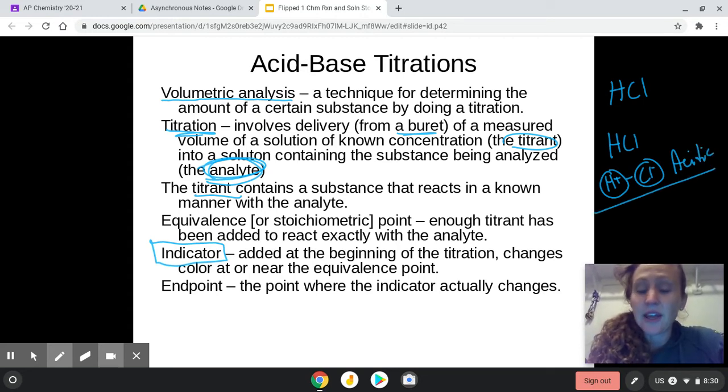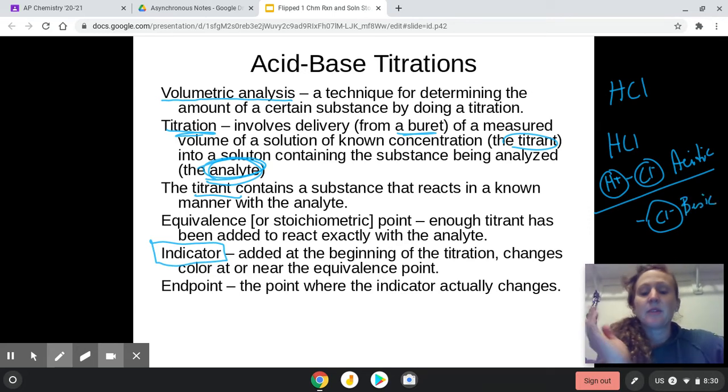If you have the H plus dissociated and you just have the Cl minus, that's your basic form, because the H plus has dissociated and is floating off by itself somewhere. So if these two forms were different colors, then HCl could be used as an indicator.